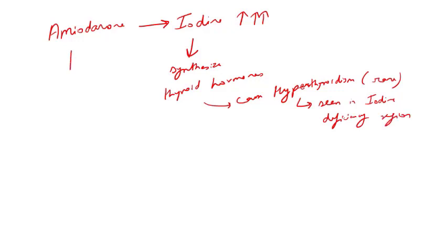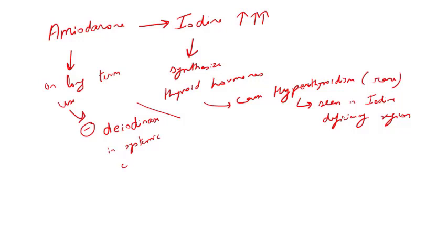So amiodarone on long term use, what will happen? There will be suppression of thyroid function. So it will inhibit the enzyme deiodinase in systemic circulation. So what will get inhibited?